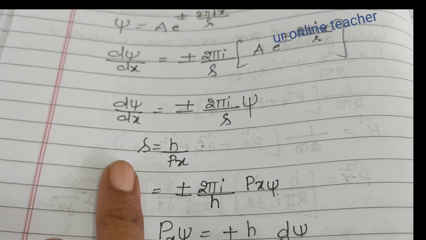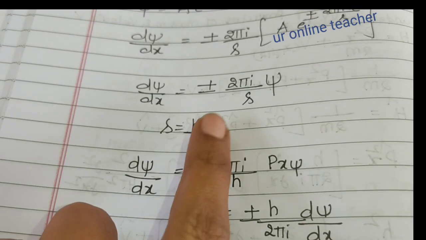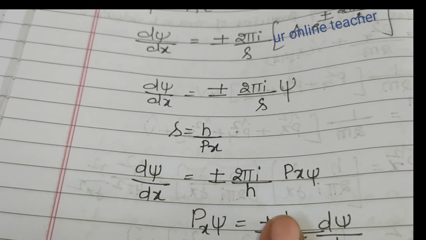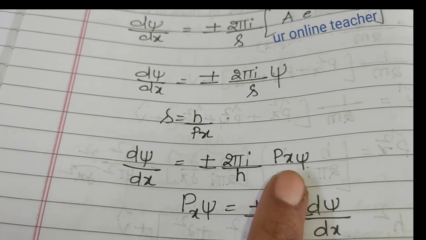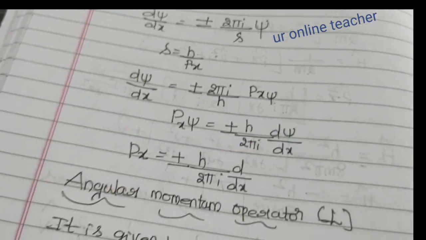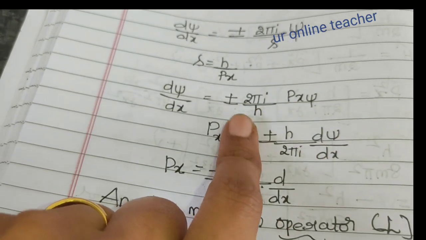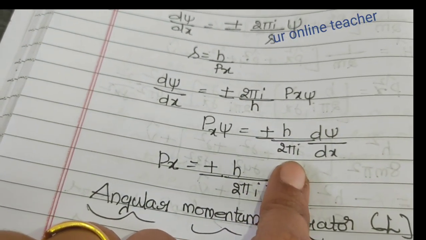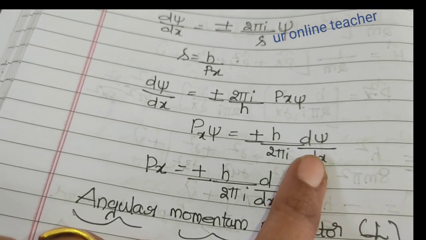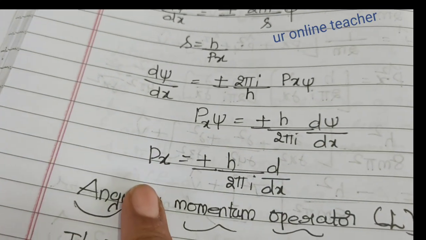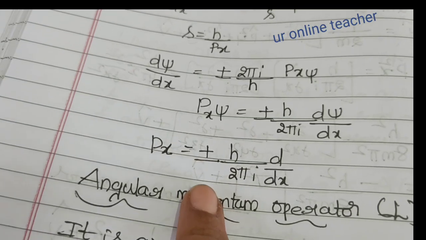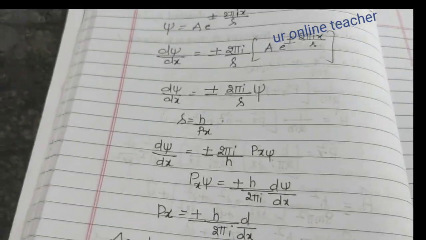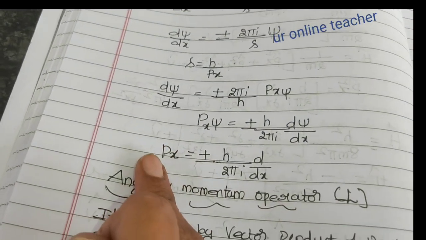But we know that lambda is equal to h by p_x, according to de Broglie's law. So dψ/dx is equal to plus or minus 2 pi i p_x by h psi. So p_x psi is equal to plus or minus h by 2 pi i dψ/dx, that is p_x is equal to plus or minus h by 2 pi i d/dx. Like this we can write the momentum operator.